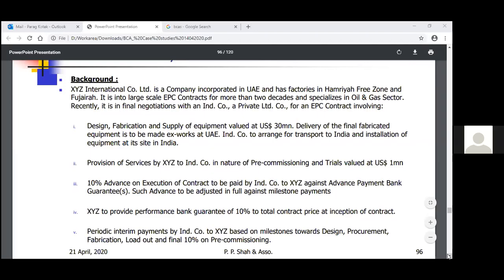Also, the foreign company did not want any payment in Indian rupees, because if the project office is in India, the transaction is carried out in Indian rupees, and there are a lot of difficulties in making payments abroad, with foreign exchange losses and so on.